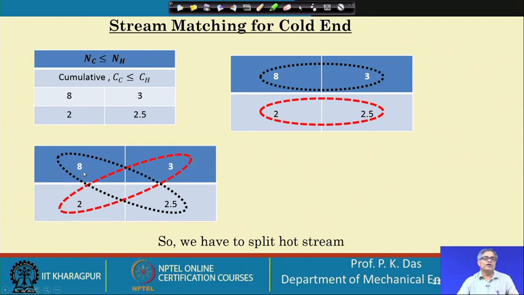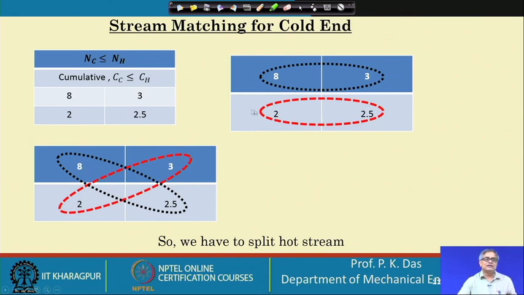Sorry, 8 is the cold side and the 2.5 hot side should be more. So, this is not a solution, but this one is a solution because the hot side is more than the cold side. But in both of the cases, one side we cannot match.